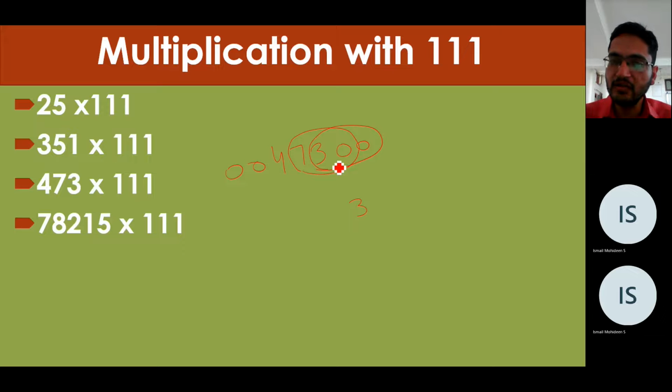Now I am getting a 2-digit number, so whenever we get a 2-digit number, we will apply the balancing rule. 7 plus 3 plus 0, we get 10. Next 4, 7, 3. 4 plus 7, 11 plus 3, 14. Next pair is 0, 4, 7, that is 11. Next is 0, 0, 4, that is 4.